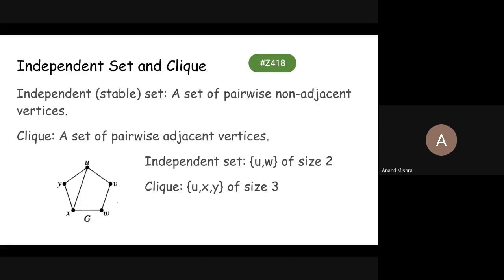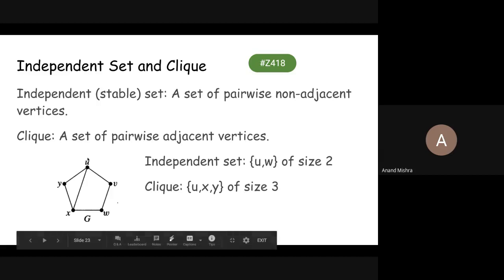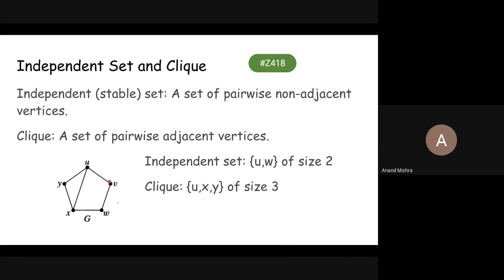Okay. Another definition, independent set and clique. What is an independent set, or a stable set, as some people call it? A set of pairwise non-adjacent vertices. For example, in this graph, U and V are not an independent set. Why are they not independent? Because they are directly connected.